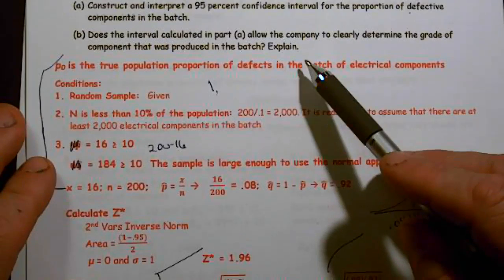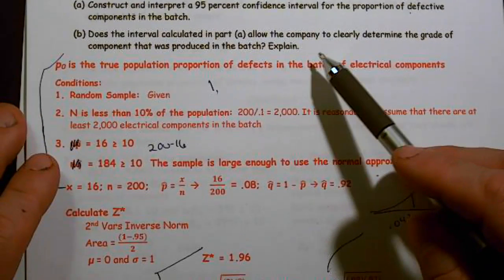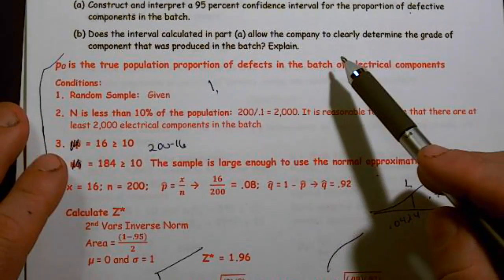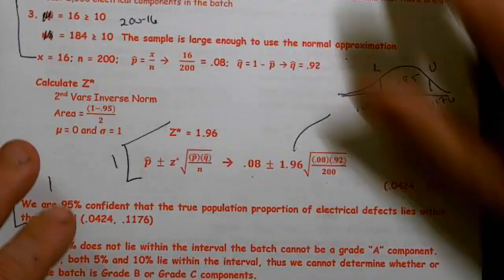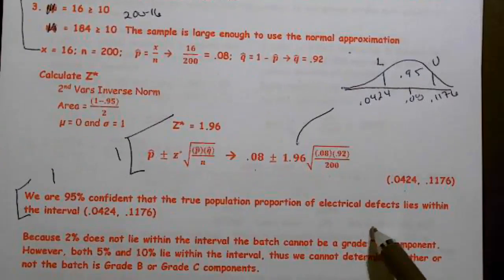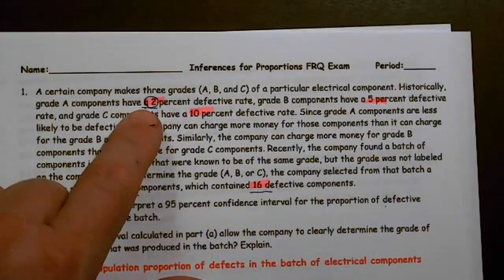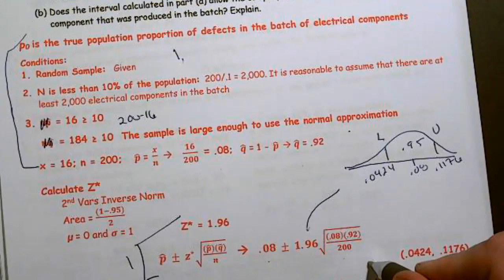Does the interval in part A allow the company to clearly determine the grade of component that was produced in the batch? All right, well, we know that it was 0.04 to 0.12. And we also know grade A is 2%. So 2% is below it.